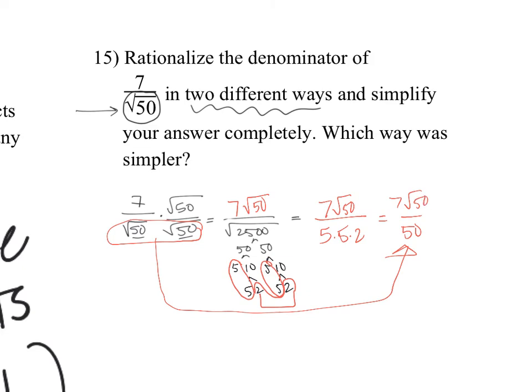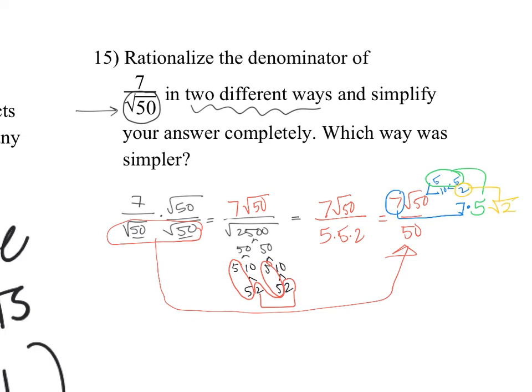Now before I finish this off, I do want to make sure all my radicals are simplified. So radical 50 is 5 times 10, which is 5 times 2. And for this pair of 5s, I'm going to pull it out. There was already this 7 outside, so I'm going to have 7 times that 5. And my little 2, my last factor, has to stay inside.